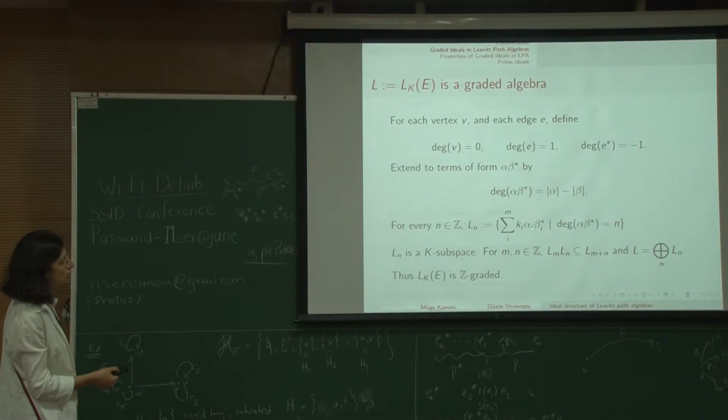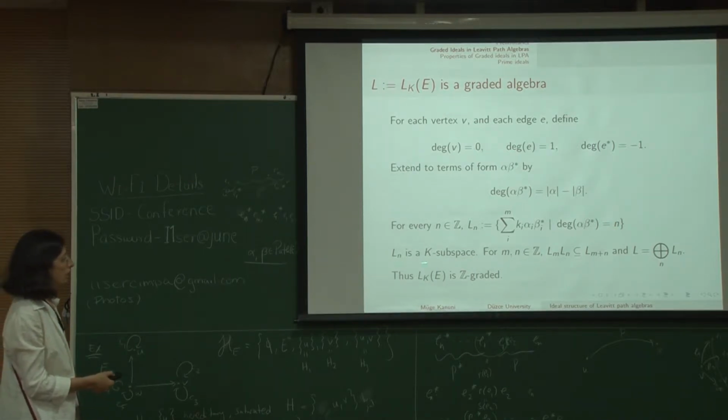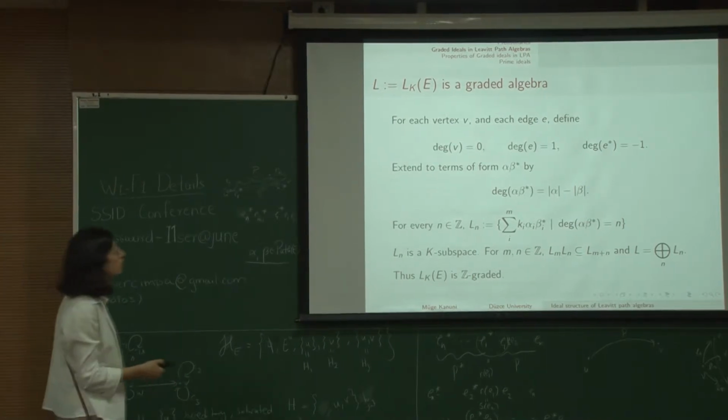They are of this form, sums of k_i alpha_i beta_i star, and the degree of each monomial is n. L_n is a K-subspace, and it satisfies this equation. So L is basically a Z-graded algebra.